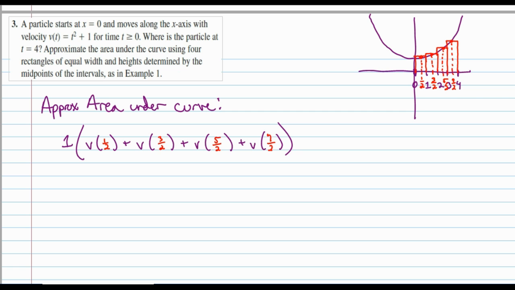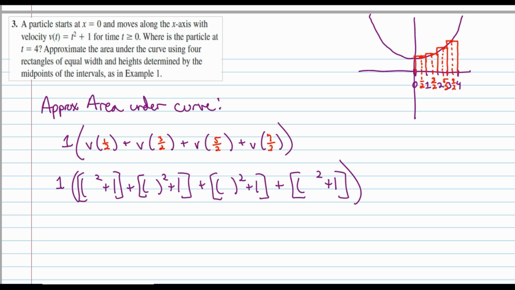Which means if I'm plugging them into v, I need to plug them into t squared plus 1. So I'm looking at each of those x values plugged into the velocity function. Again, 1/2 squared plus 1, 3/2 squared plus 1, 5/2 squared plus 1, and then finally 7/2 squared plus 1. And then when I do a little bit of simplification, I get that the answer is 25.